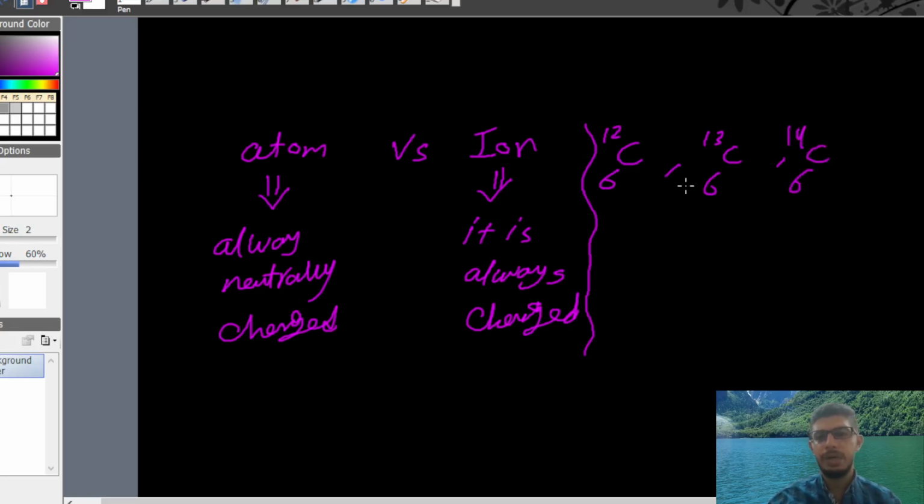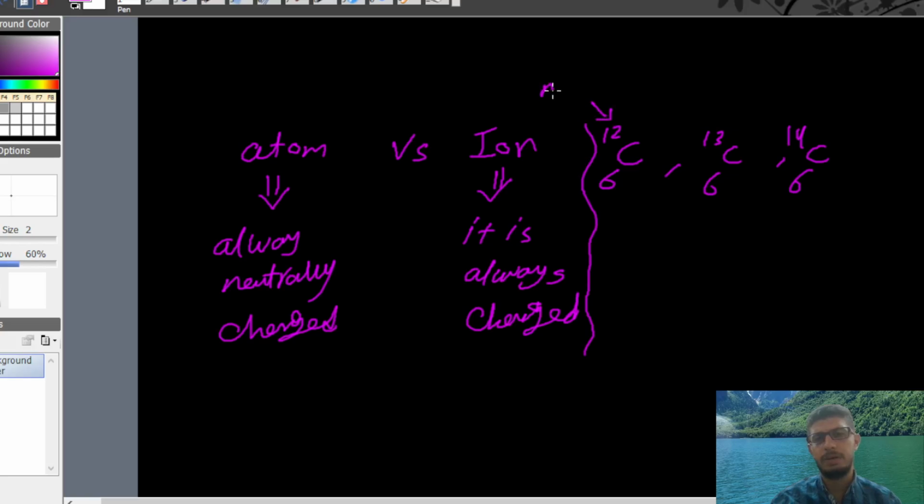So we can realize here that all of these carbon atoms have the same atomic number. This is the atomic number, guys. Just look here. Atomic number is represented down below, and however, the mass number is represented above. So you can see in this carbon the mass number is 12, and the mass number of this carbon atom is 13, and the mass number of this carbon atom is 14.